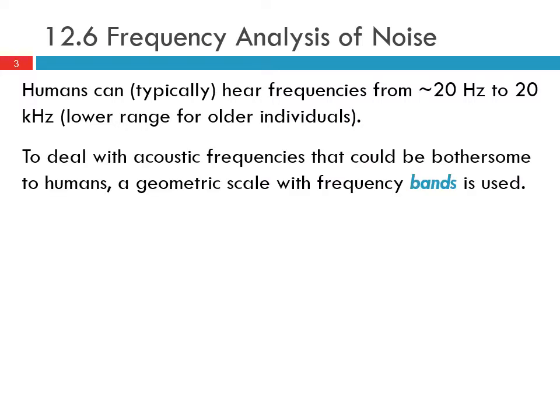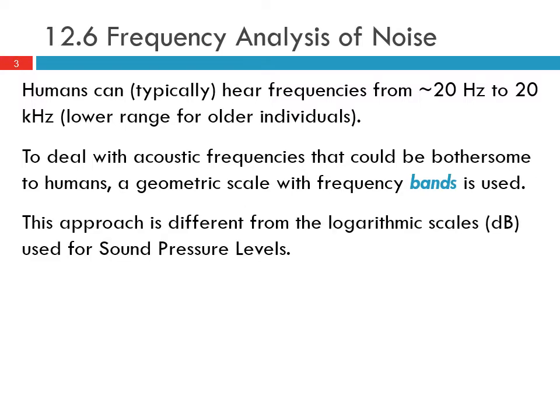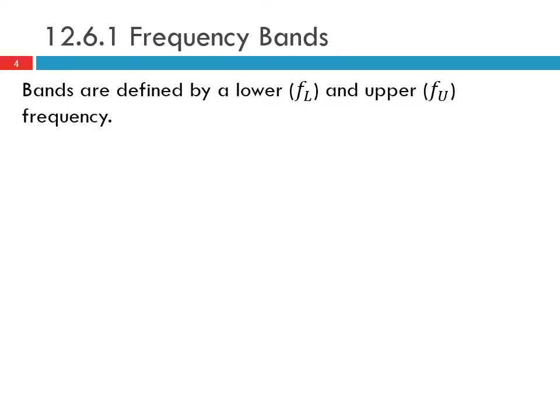To deal with acoustic frequencies that become bothersome to humans, we use a geometric scale where frequency bands are used. This is different from the logarithmic scale or the dB scale used for sound pressure levels. Bands are defined by both a lower frequency, FL, and an upper frequency, FU.